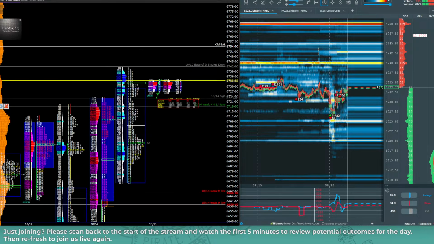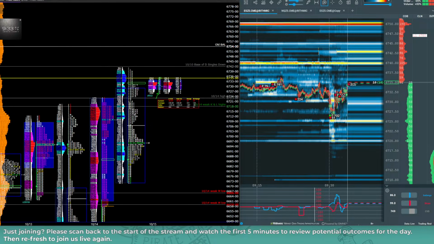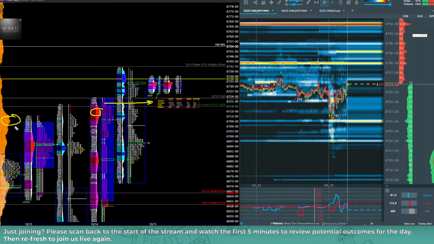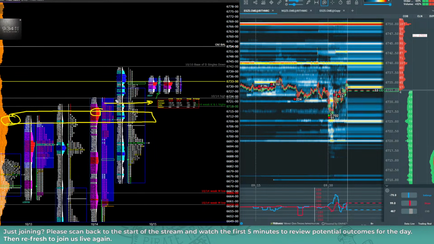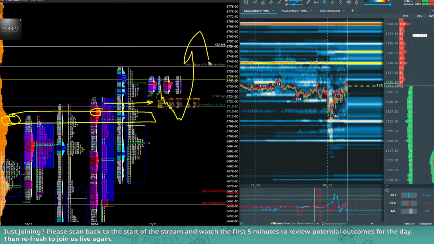I mentioned in my email to brigade members this morning to be cautious getting bearish if we do fill the gap and spend some time, because there is a lot of support right below the high. There is support basically between 67.10 and 67.15. There's a lot of support in here. So the market could come back in, start spending time looking like it's getting bearish, and then it catches that bid and it immediately turns around and heads higher.